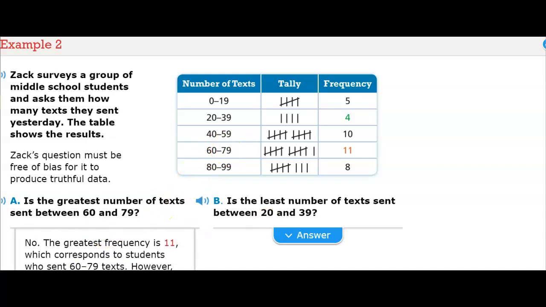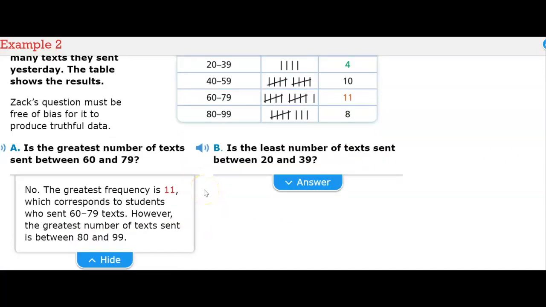The answer is no. The greatest frequency is 11, which corresponds to 60 to 79 texts. However, the greatest number of texts sent is between 80 and 99.